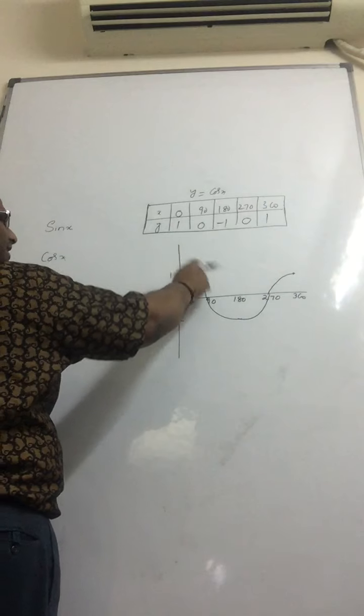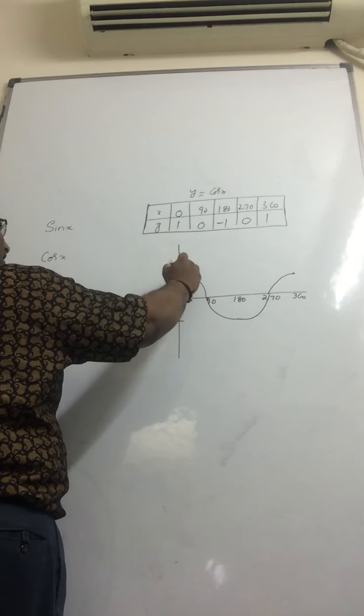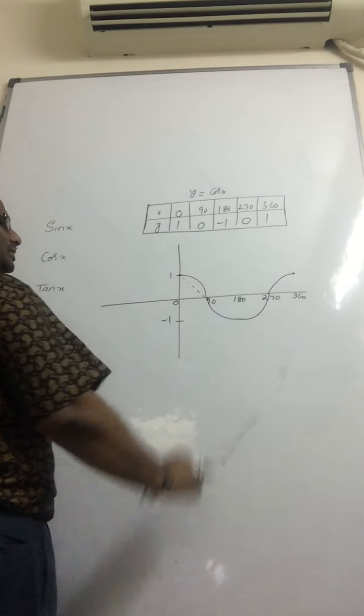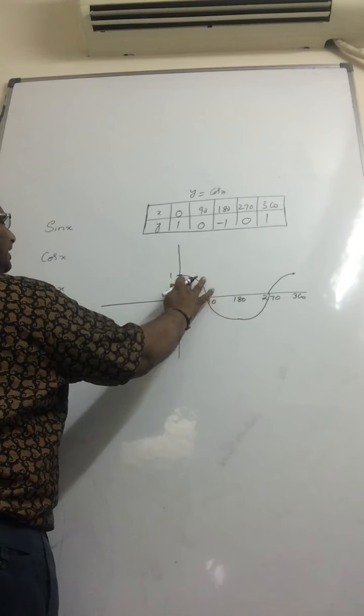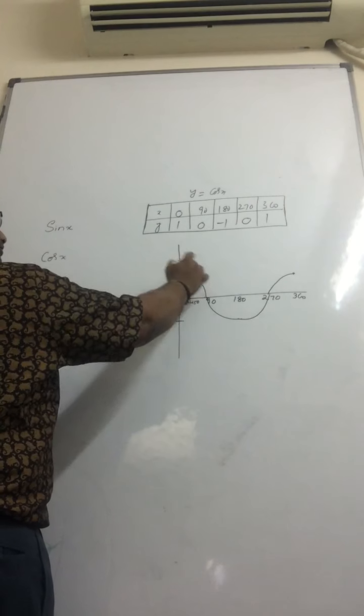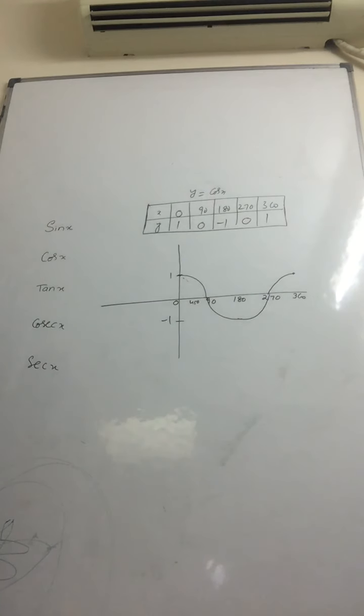How do you know that it takes a curve shape? Just by considering these, we can even join like this. But to know the exact graph, more values must be considered. Then we can plot the graph exactly.